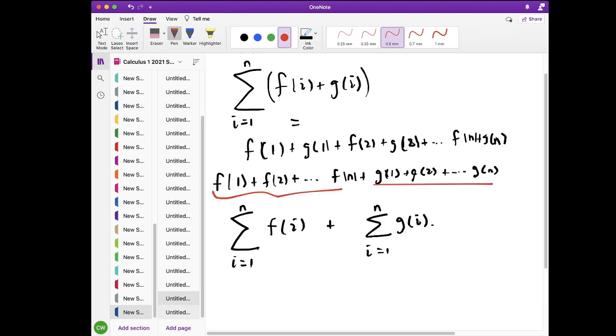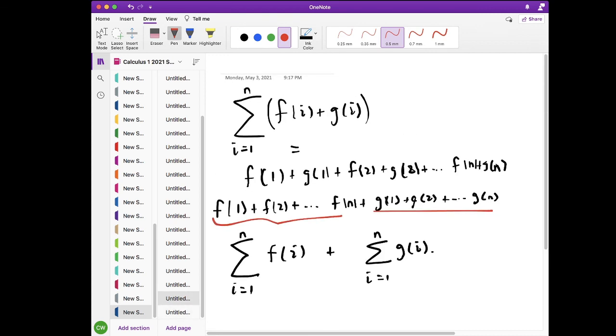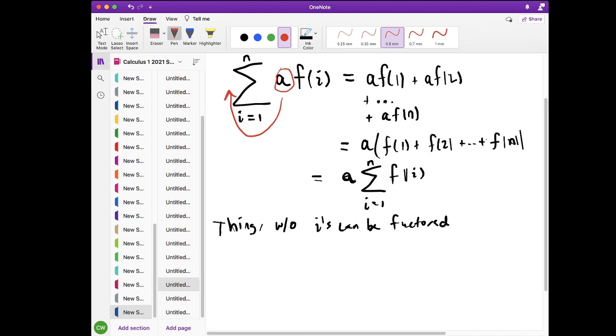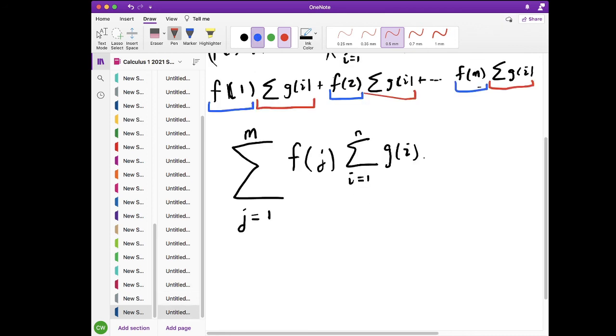Notice the constant rule says that if we don't have something in terms of i, we can take it out, or we can put it in. So do you agree that f j is not something of i? There's no i's here. It's a different thing altogether. This has no relation to the i's in the g terms. So we can just bring that inside.